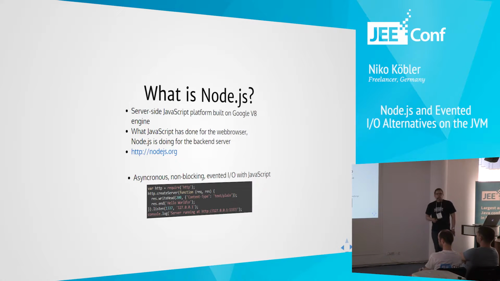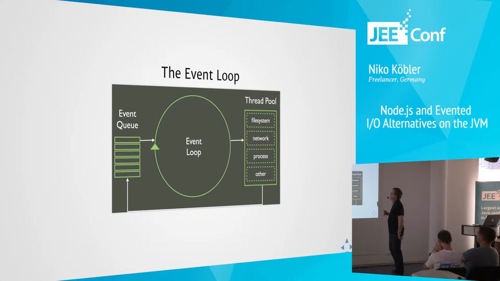Node.js became popular with its asynchronous, non-blocking programming model, which is a way to program in a functional style with function callbacks. We'll come back to this later, and I don't want to discuss it at this point. And the main thing is the event loop.